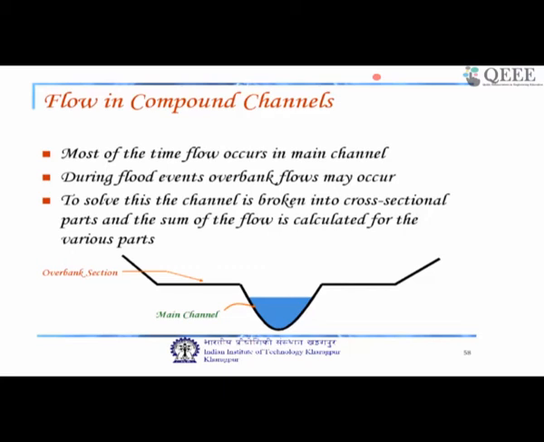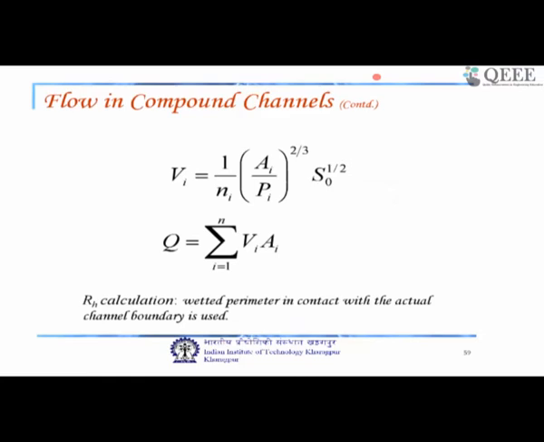We can divide this total cross sectional area into different parts, and the flow can be calculated based on the individual components calculated from the individual parts. So, flow in compound channels, let us say this is the ith section.